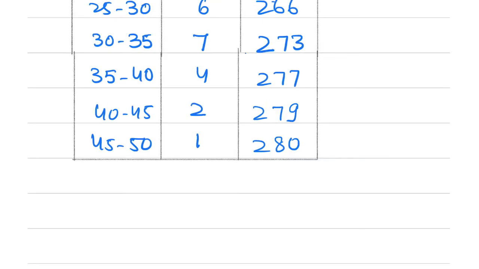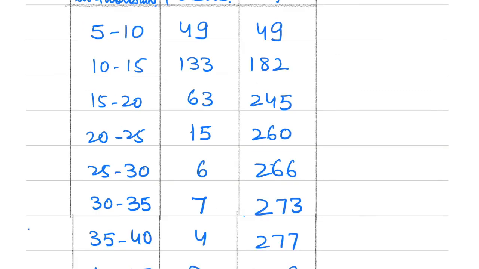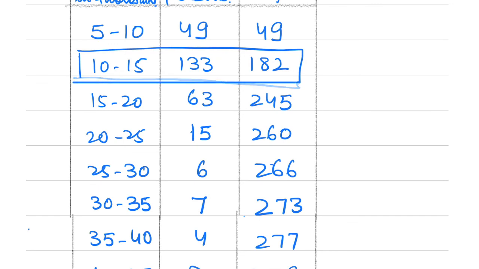So to find out the median class, we need to find out n by 2, so that will be equal to 280 by 2, that will be equal to 140. 140 would lie in this class interval.